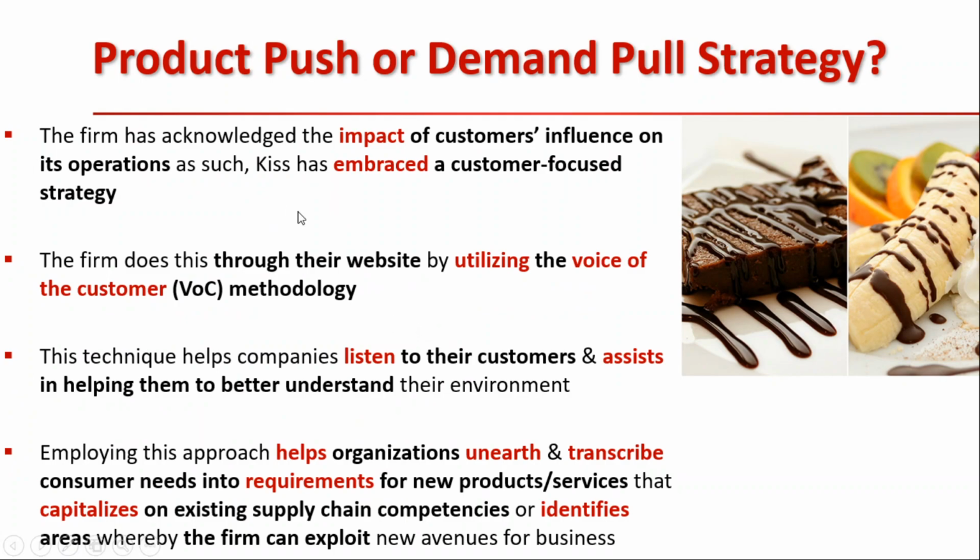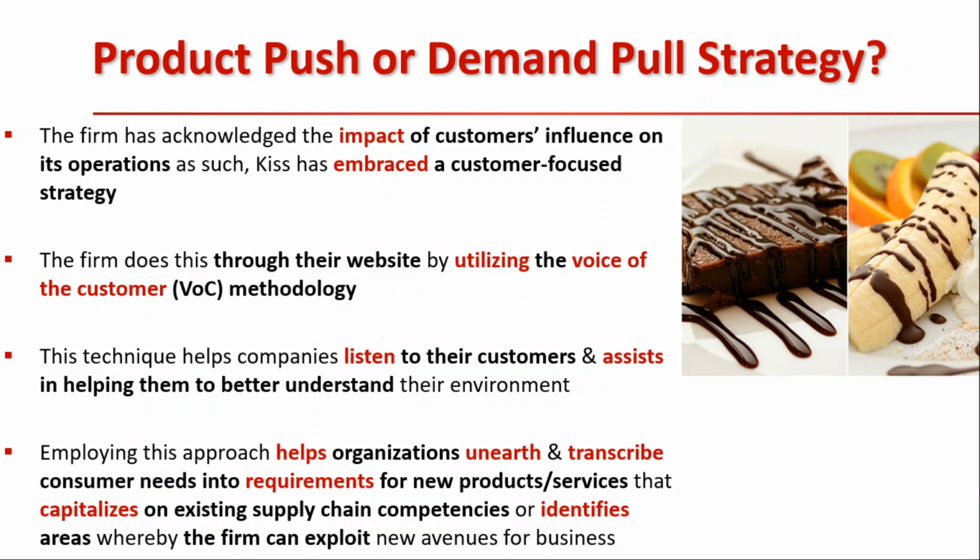KISS here has acknowledged the impact of customers' influence on its operations, and what it did is embrace the customer focus strategy. On their website they utilize a method called the voice of the customer. They listen to their customers and they try to bring out a product based on that.